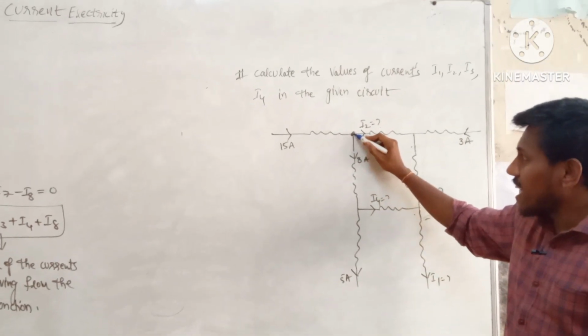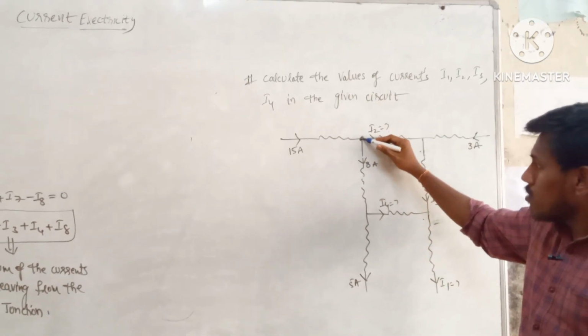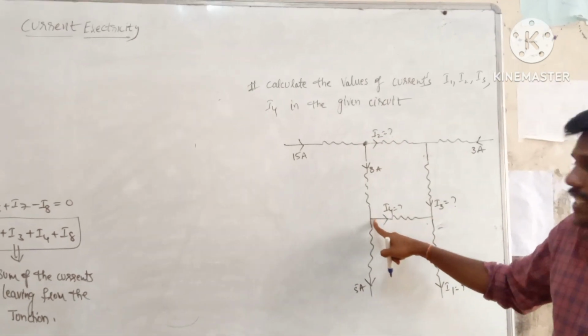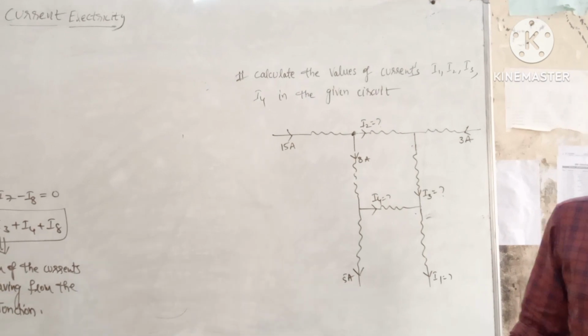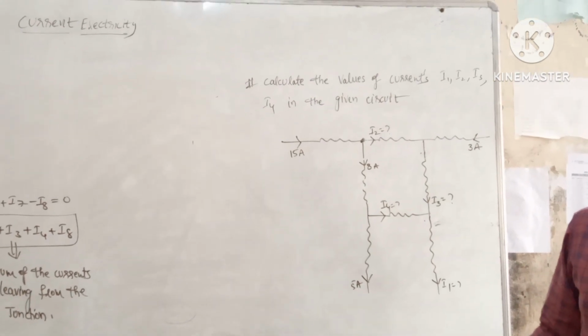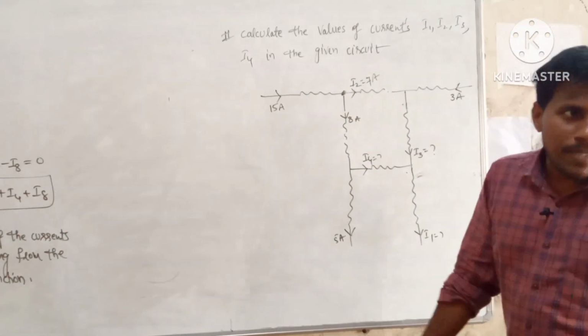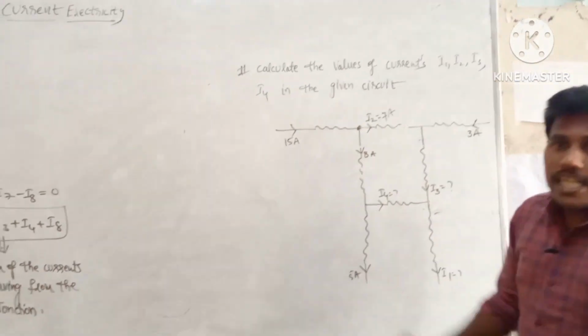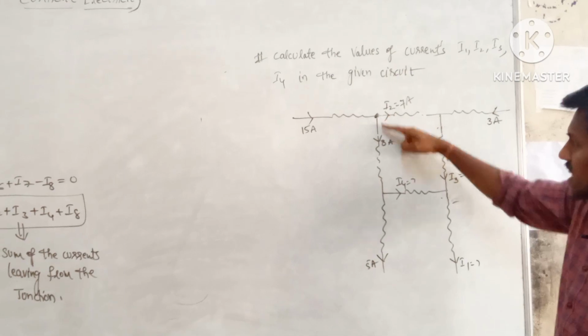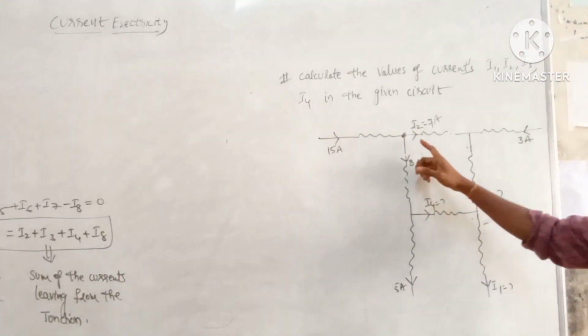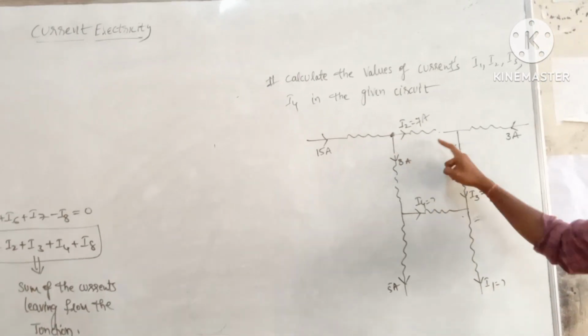At this junction the current is divided. Out of 15 amperes, 8 amperes current is flowing. What is the remaining current, children? 7. So what is I2? 7 amperes. Out of 15 amperes, 8 amperes current is divided like this, and the remaining 7 amperes current is flowing like this.